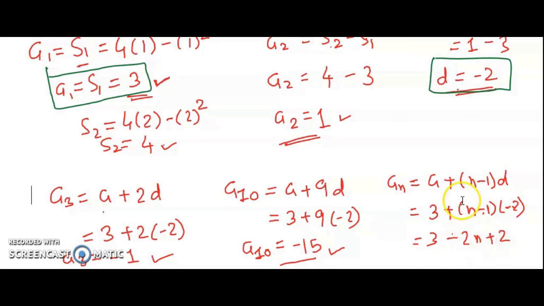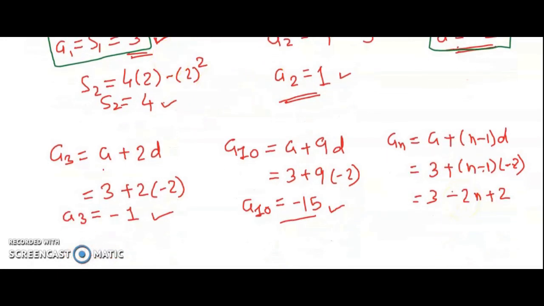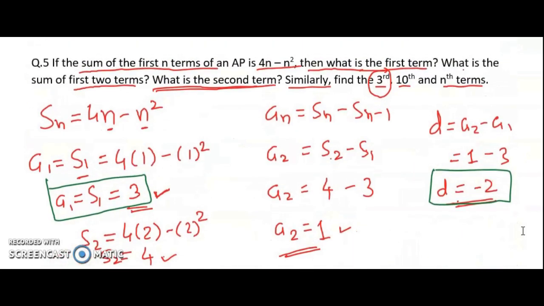So here we get an equal to 3 plus 2, that is 5 minus 2n. So this is the answer for the nth term of the AP. The nth term is 5 minus 2n.